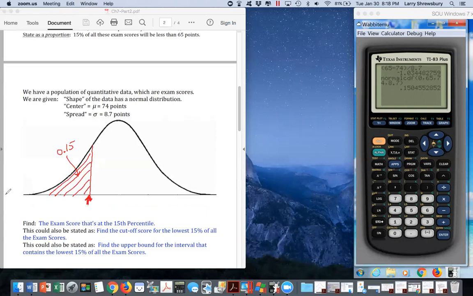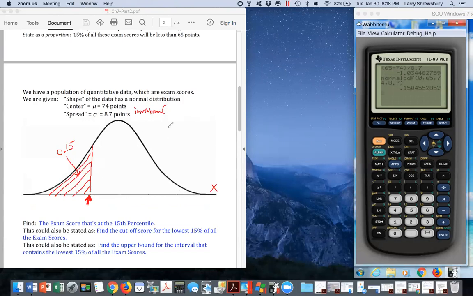We know the lower bound is negative infinity. We need to know the upper bound for this interval. So how do I find that? Well, this is a job for inverse norm. Okay. Let me write the template up here. Inverse norm needs to know just 3 things. It'll give you a data value on this number line.